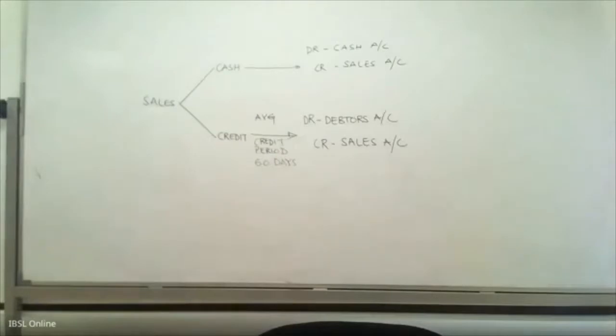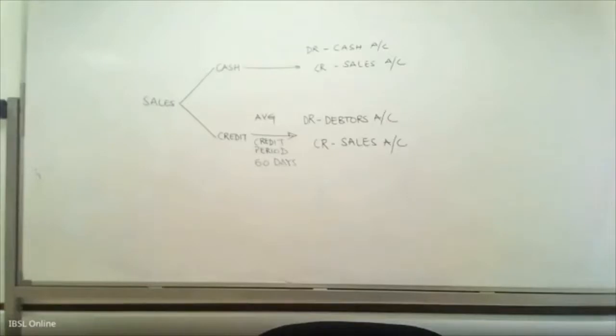So when you have given a credit period of 60 days, it means from the date of the sale, your debtor, or the person who has bought goods, has 60 days to repay you.